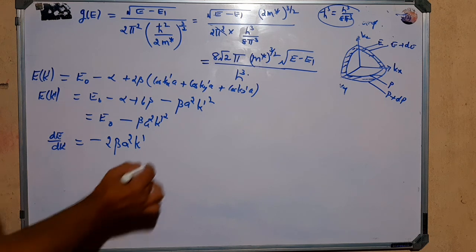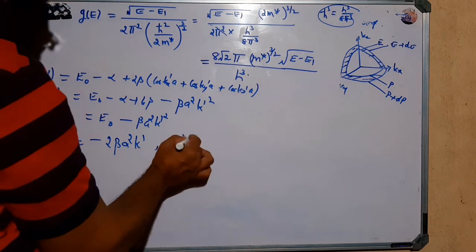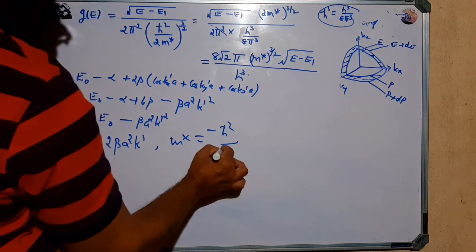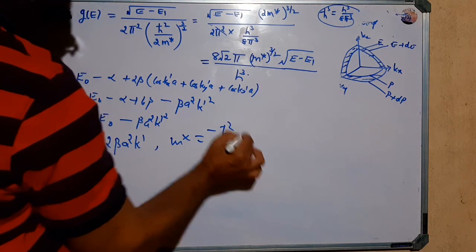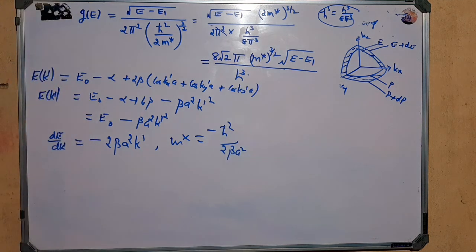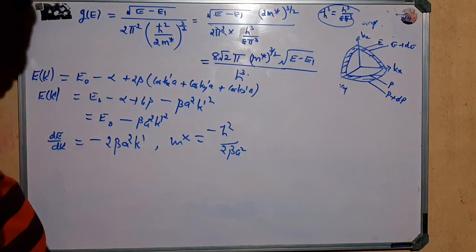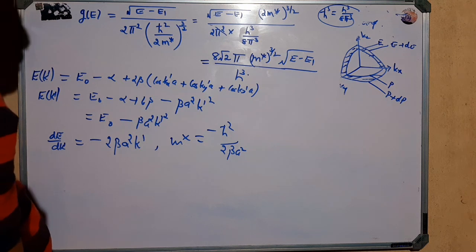Similarly, here m star is equal to minus h cut square divided by 2 beta a square. Remember, effective mass may be positive or negative. It can be shown that at the top of the band its expression is minus h cut square divided by 2 beta a square.